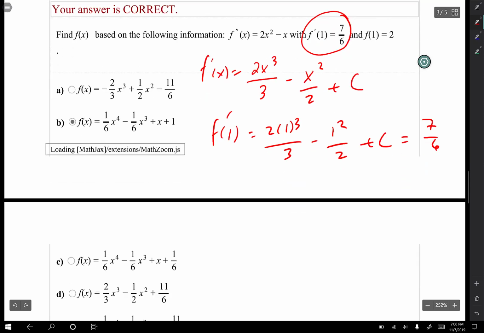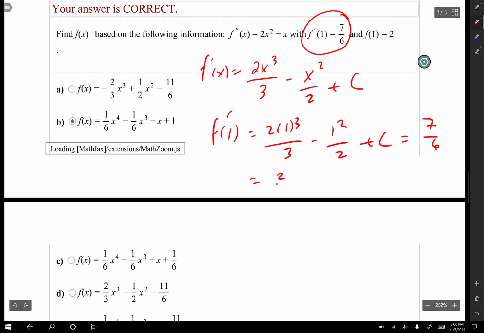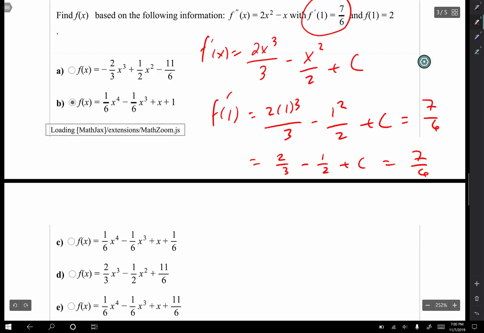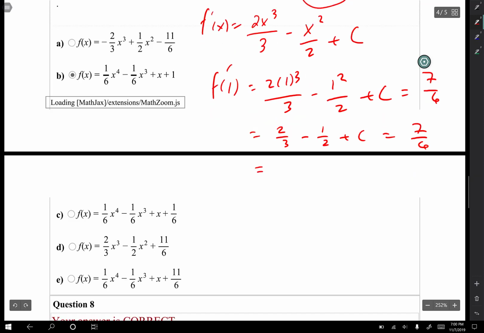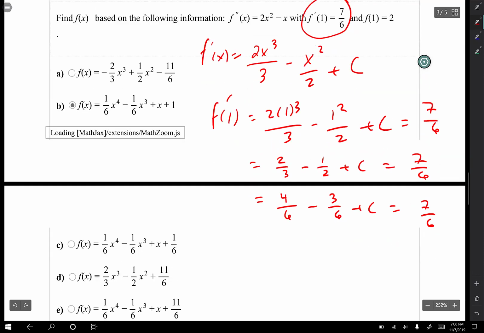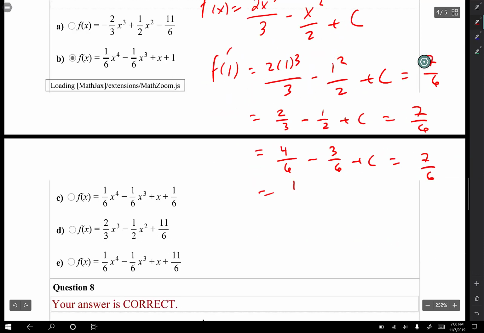So continuing, you're going to have 2/3 minus 1/2 plus c equals 7/6. So then if you don't have a calculator, I guess you can just do common denominator. So times 2, so that becomes 4 over 6, minus times 3, so 3 over 6, plus c equals 7/6. Let me make sure I haven't made any mistakes. Nope. 4 minus 3 is 1/6. So 1/6 plus c equals 7/6.